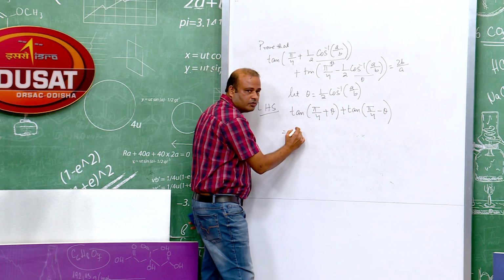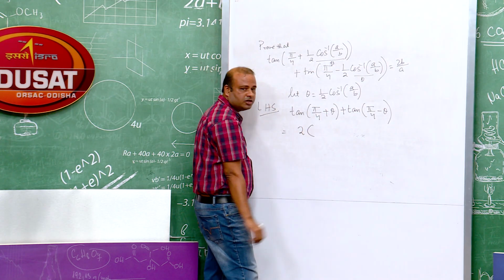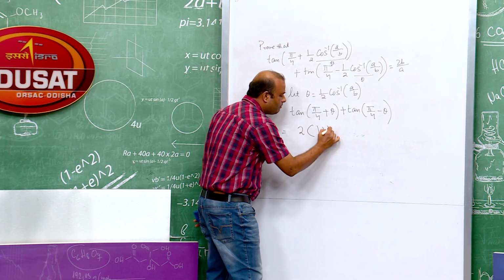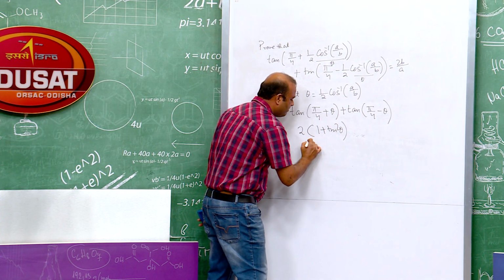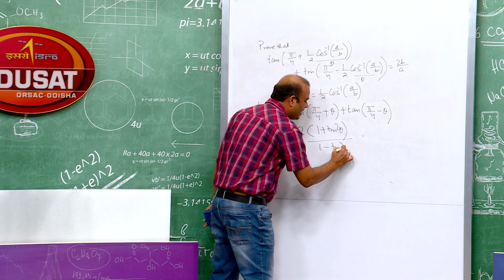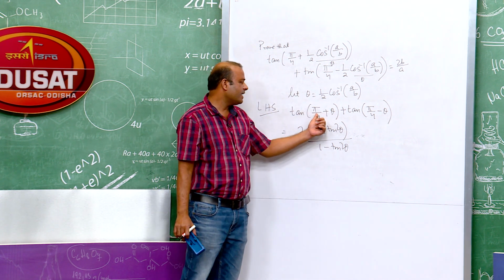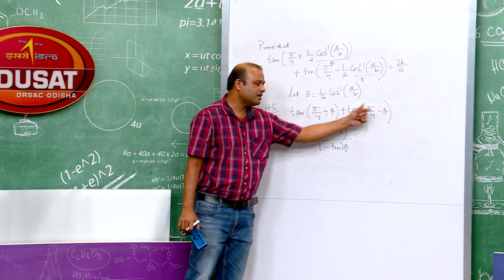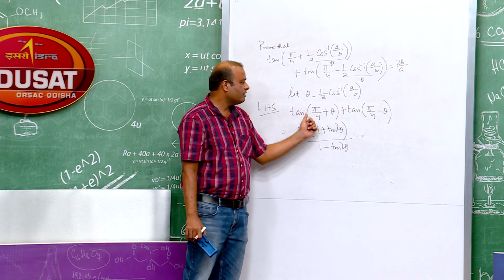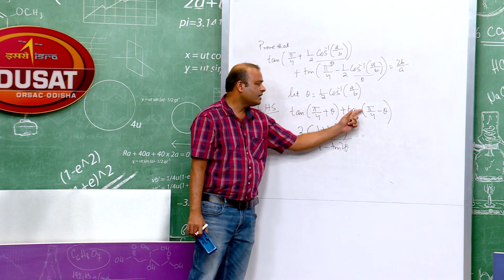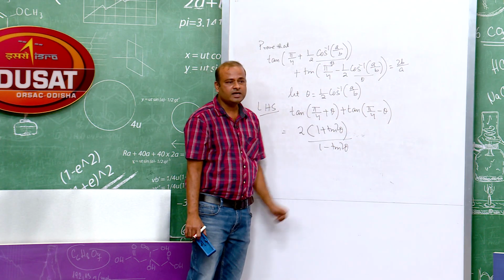Now you can find this is 2 times (1 plus tan square theta) by (1 minus tan square theta). Use the formula: tan(A plus B) is (tan A plus tan B) by (1 minus tan A into tan B), and tan(A minus B) is (tan A minus tan B) by (1 plus tan A into tan B).